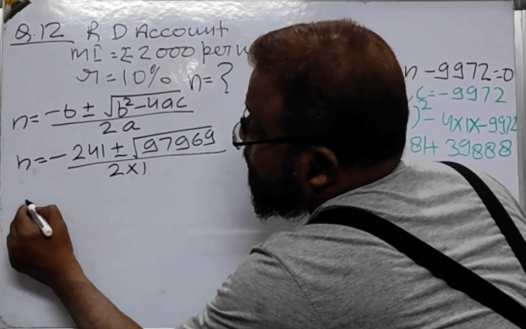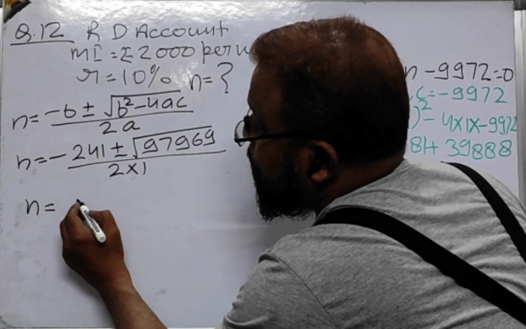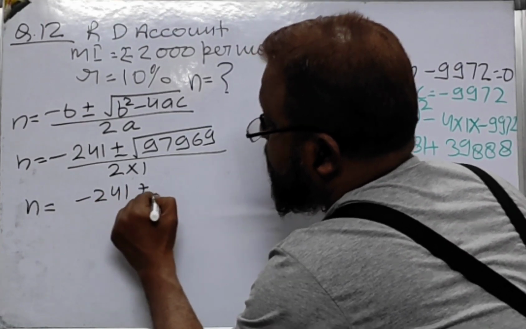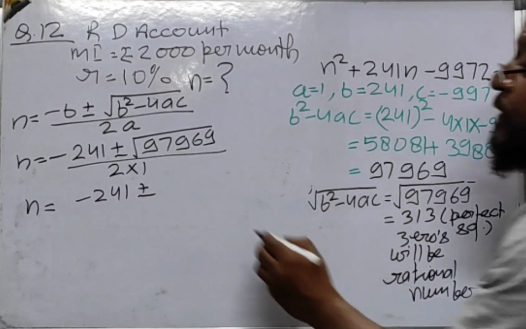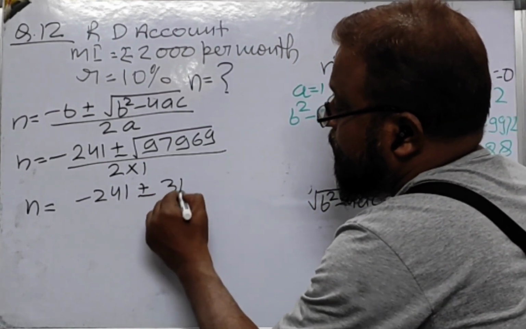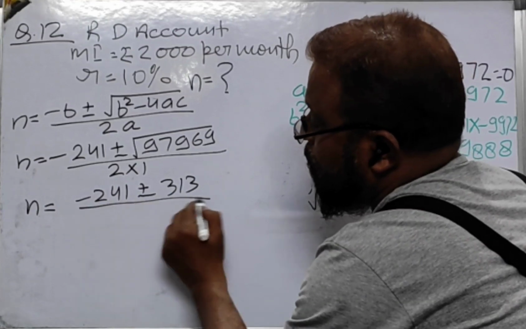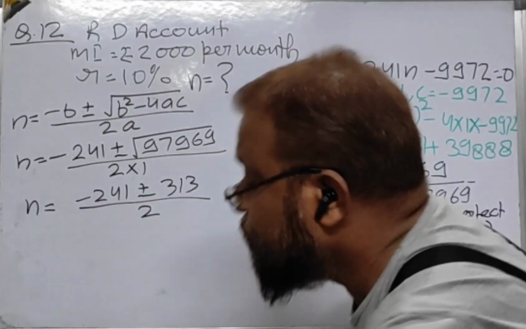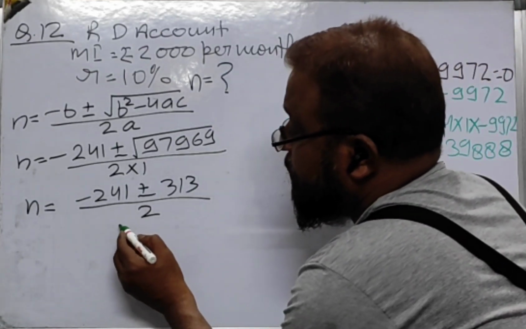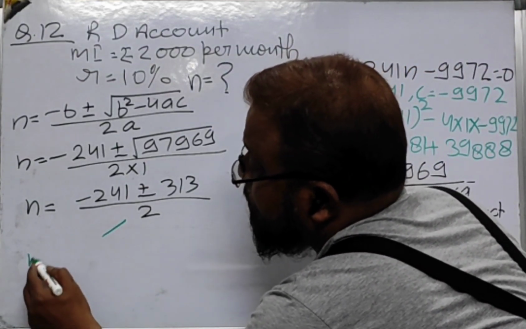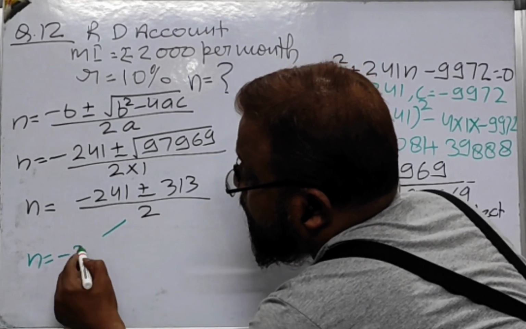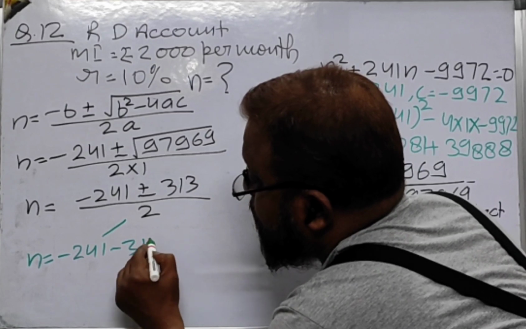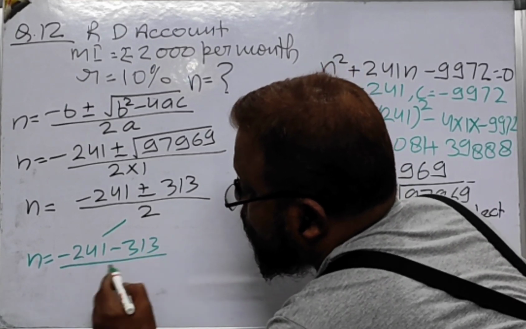So now n is equal to minus 241 plus minus 313 upon 2. Again we divide in two parts. There will be two values. So n is equal to minus 241 minus 313 upon 2.